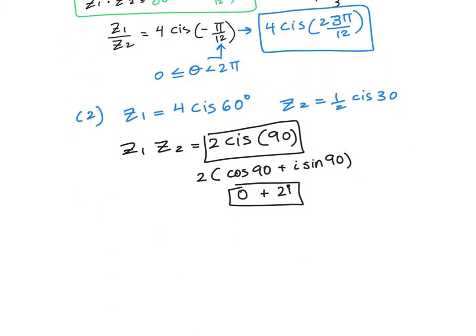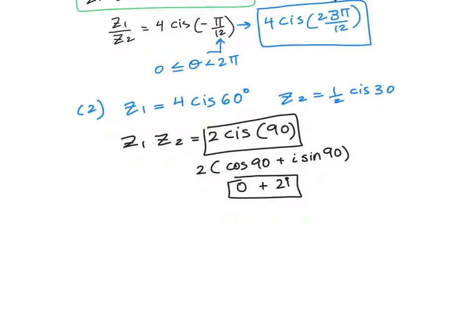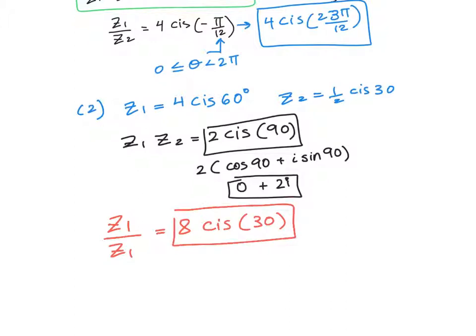So let's divide Z1 and Z2 and write down the rectangular form if it's possible. So 4 divided by 1 over 2 is 8. Cis 60 minus 30, which is 30. That's the polar form. Now I can find what cis 30 is. So it is cosine 30 plus i sine 30.